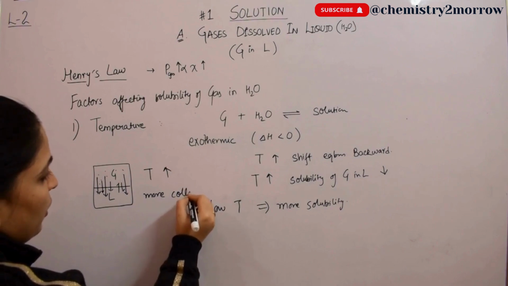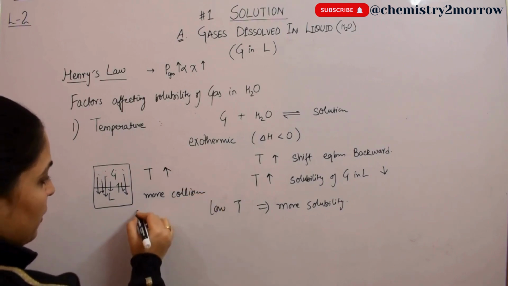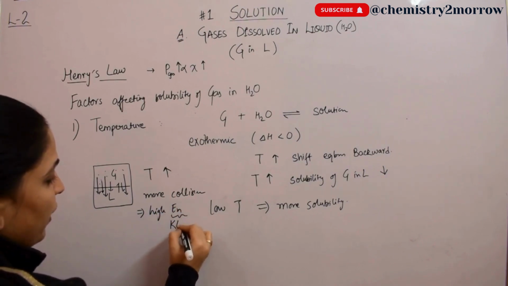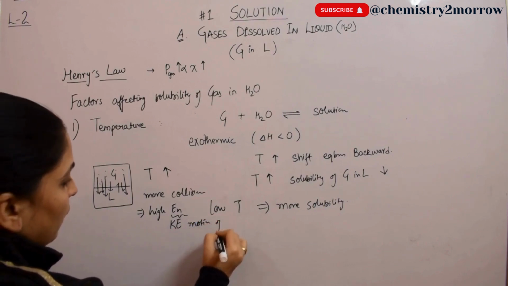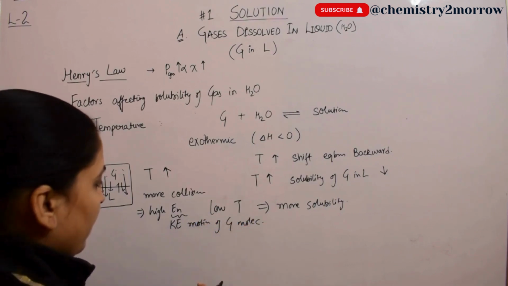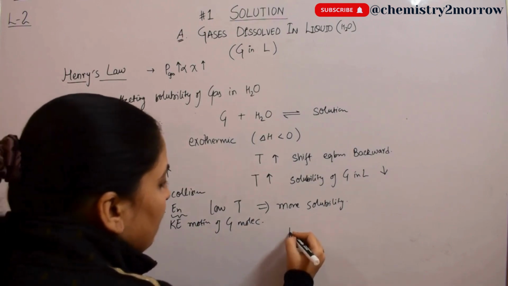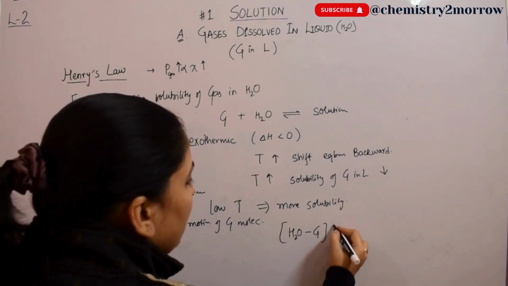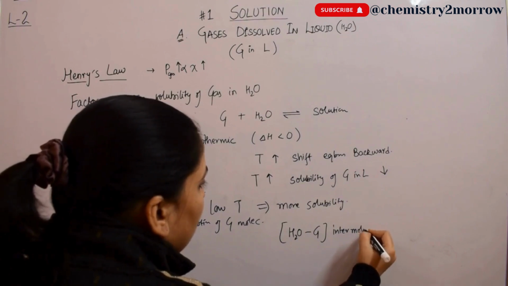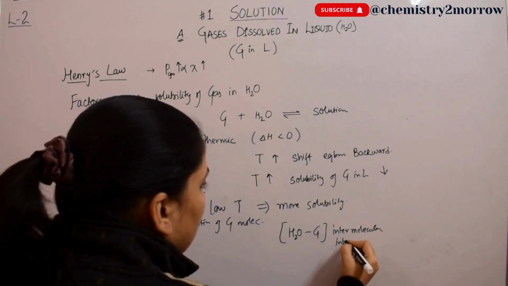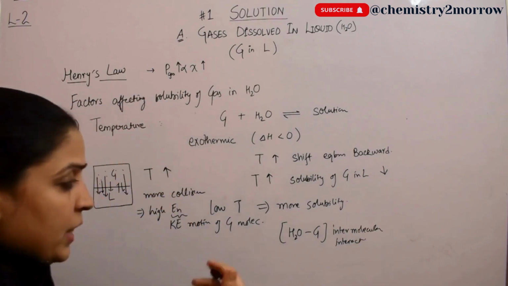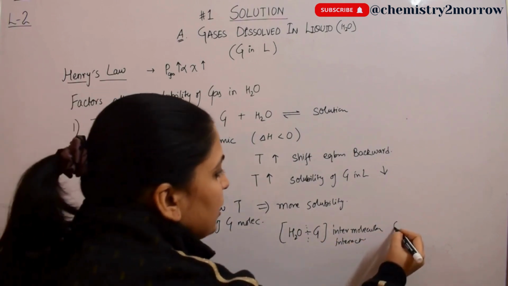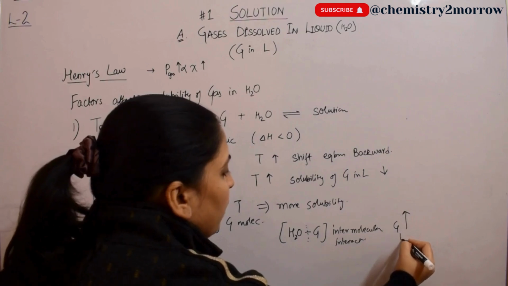You can say more collisions will be there, because there is high energy, and energy we are talking about in terms of kinetic energy or the motion of the gaseous molecules. If this motion increases, then water which is associated with gaseous molecules, this is a kind of intermolecular interaction. On increasing the temperature, this intermolecular interaction will break, and now gases are free to go out of the liquid.